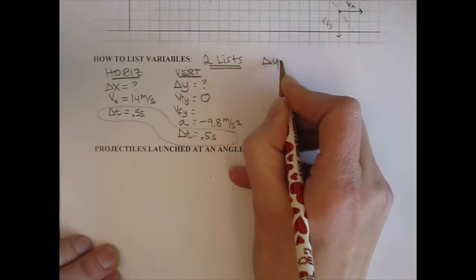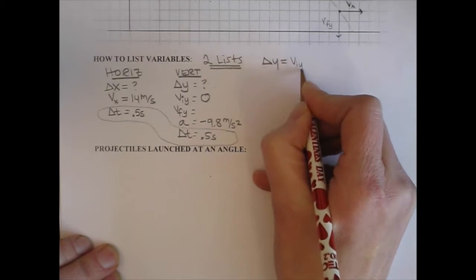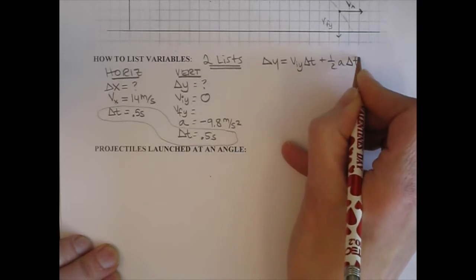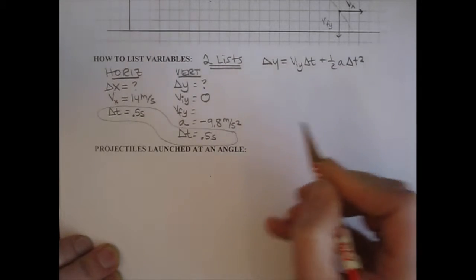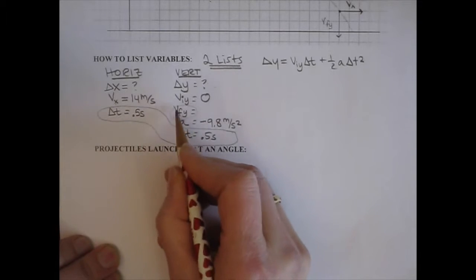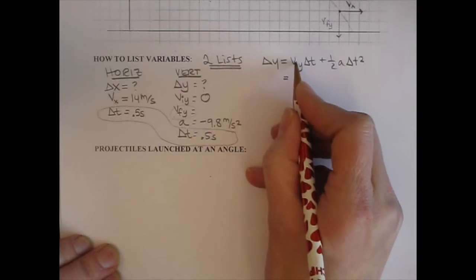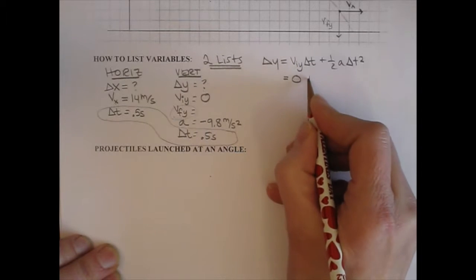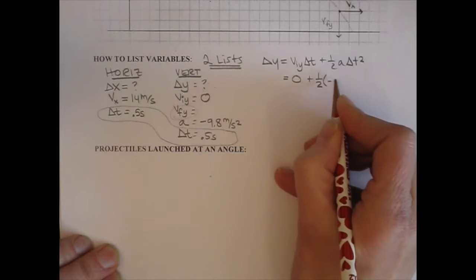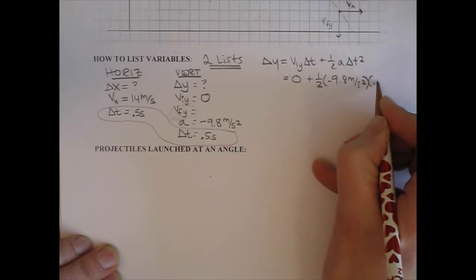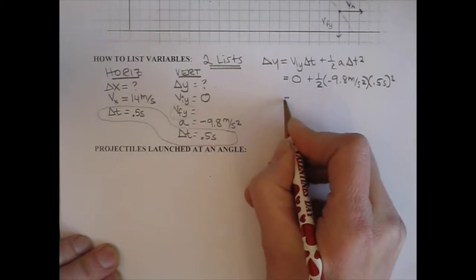So delta y equals v initial y delta t plus 1/2 a delta t squared. This is the equation that does not have vfy, so it would let us find delta y. The initial vertical velocity is 0, so I have 1/2 times negative 9.8 meters per second squared times 0.5 seconds squared.